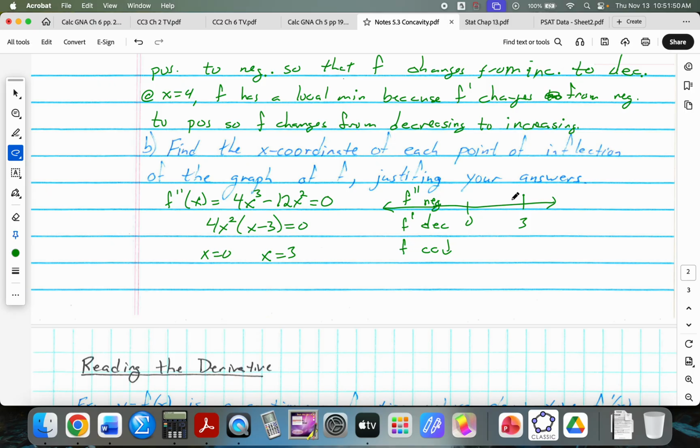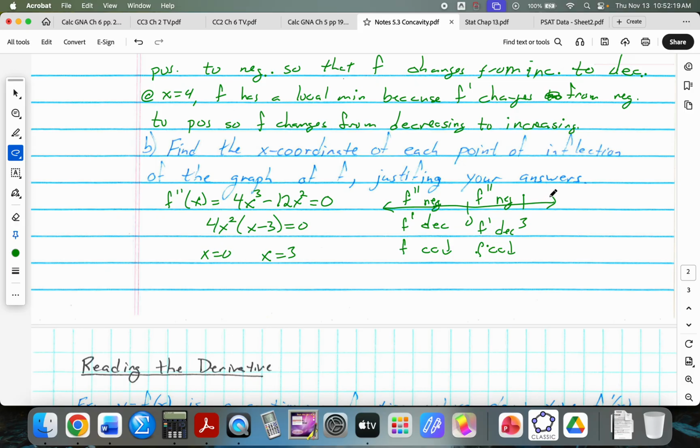Between 0 and 3, if I choose 1, I've got a positive and a negative. So here f double prime doesn't change sign. F double prime is negative, which means f prime is decreasing, which means that f is concave down still.